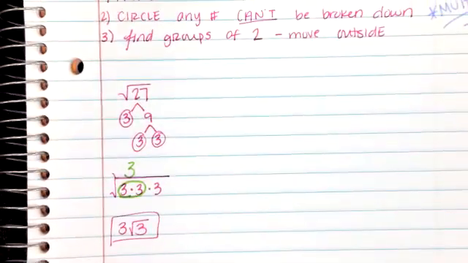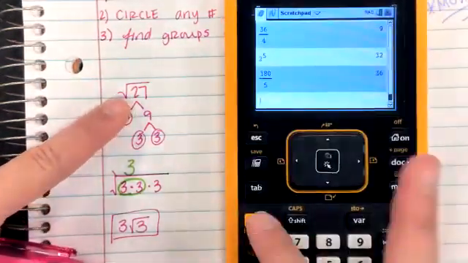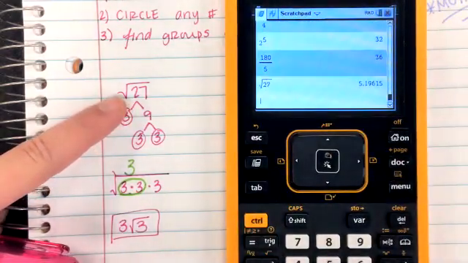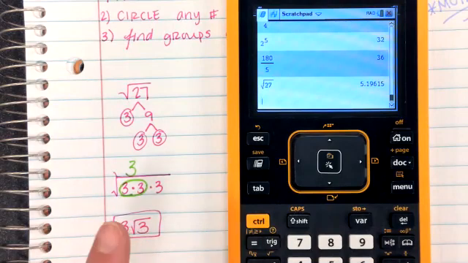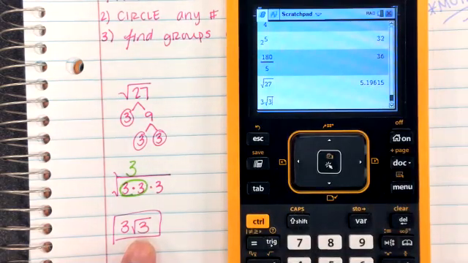Now get your calculator. I'm going to show you a really easy way to check this. It won't give you the answer, but you can check it. So in your calculator, type in square root 27, what we did very first, and you should get a decimal. Okay. And now we're going to type in what we got as a simplified answer, 3 square roots of 3.